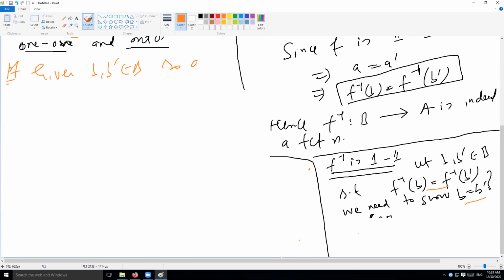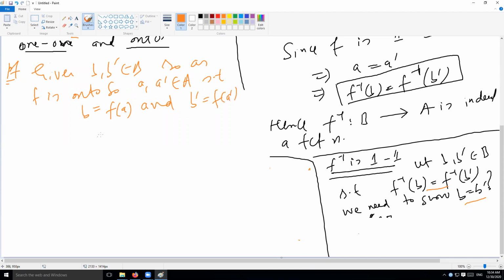So as F is onto, there must be A and A prime from A such that B equal to F of A and B prime equal to F of A prime, right?